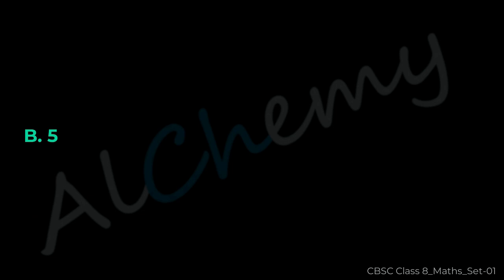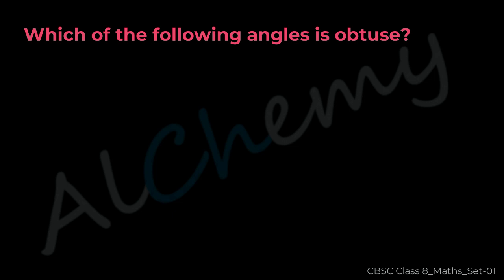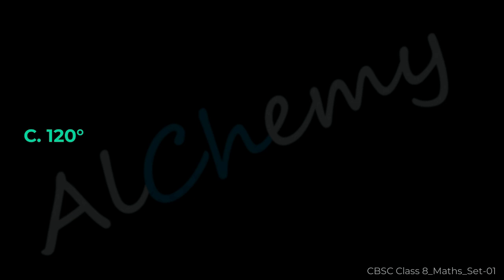The correct answer is B, 5. Question 37. Which of the following angles is obtuse? A 60 degrees, B 90 degrees, C 120 degrees, D 45 degrees. The correct answer is C, 120 degrees.